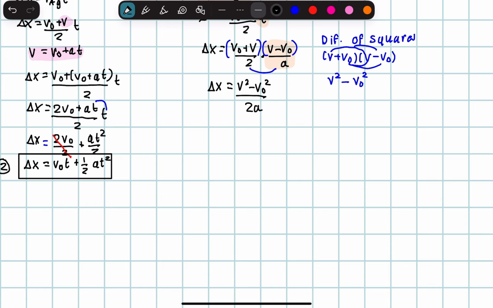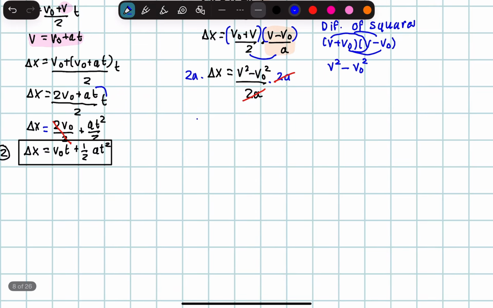Now from here, we can multiply both sides by 2a. And now we have the expression 2a delta x is equal to v squared minus v initial squared. And you can add v initial squared to both sides.